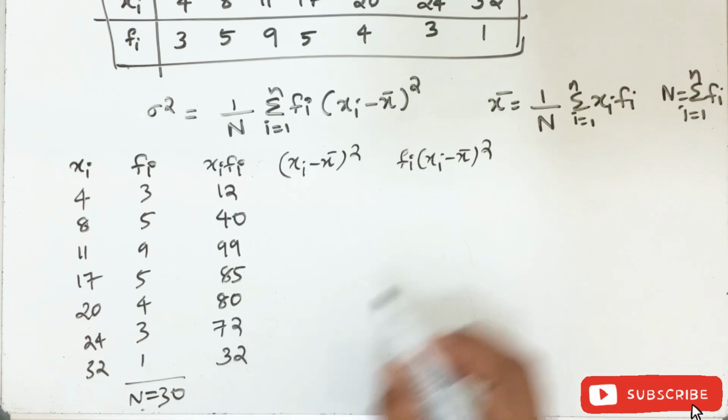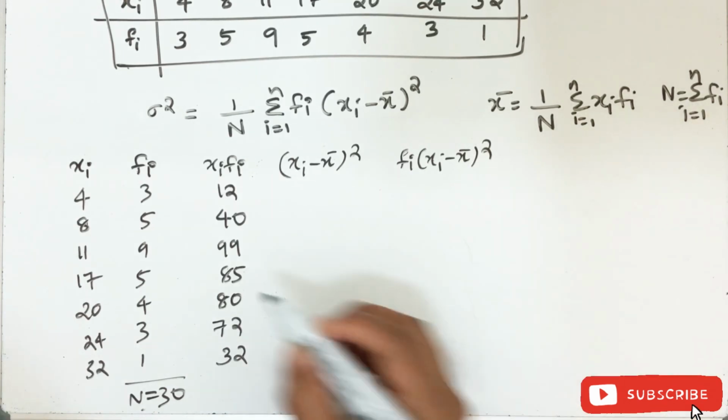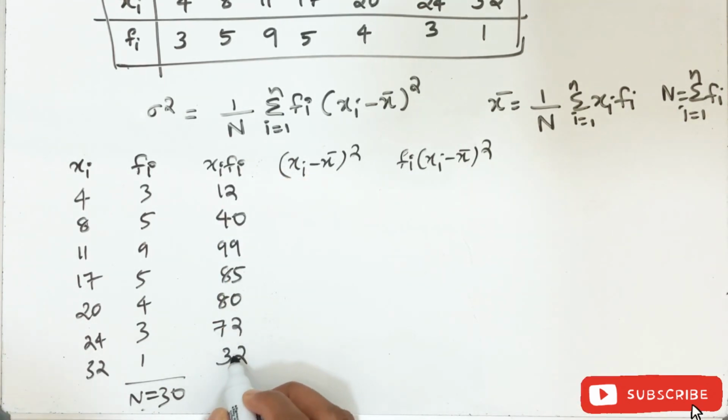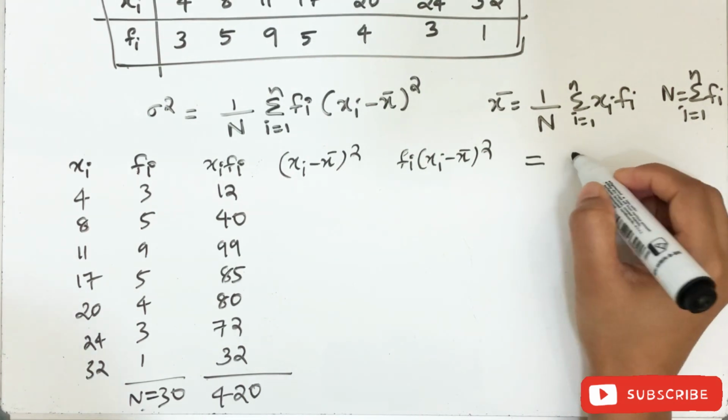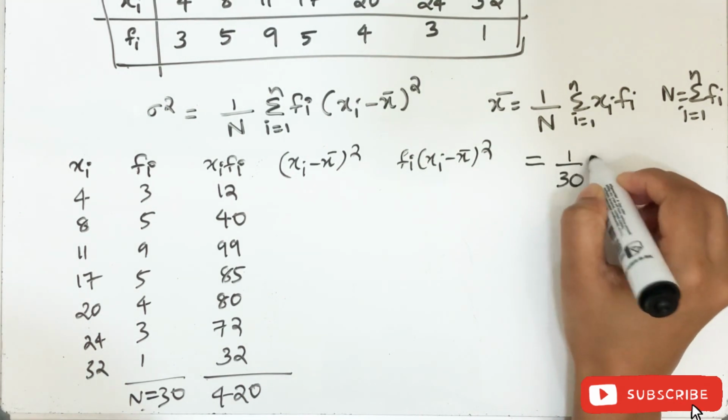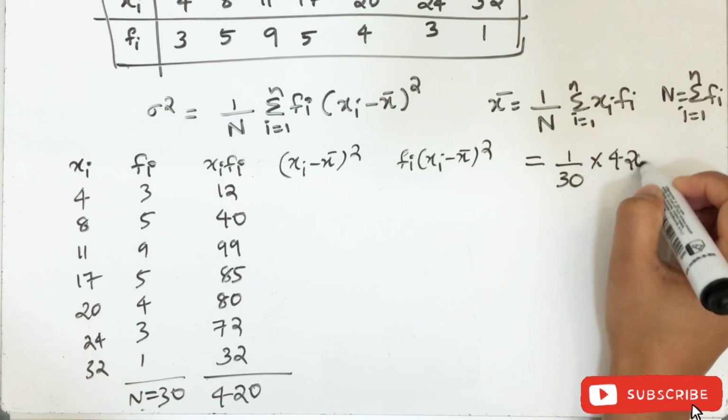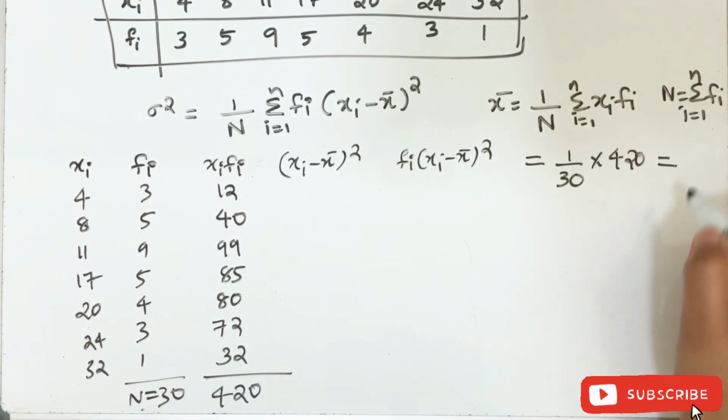Now to find mean, we need sigma xi into Fi, that is sum of the values in this column. Find the sum. It will be equal to 420. So we can write x bar, mean is equal to 1 by 30 into 420, which is equal to 14. So mean is equal to 14.